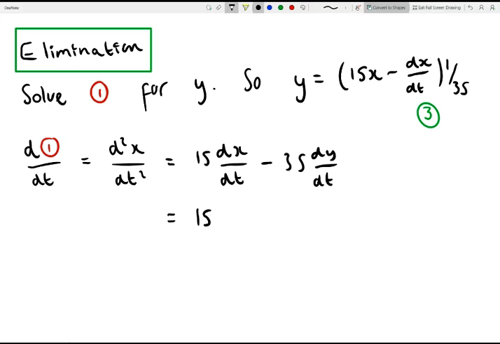We have 15 dx by dt minus 35 times 6x minus 14y.